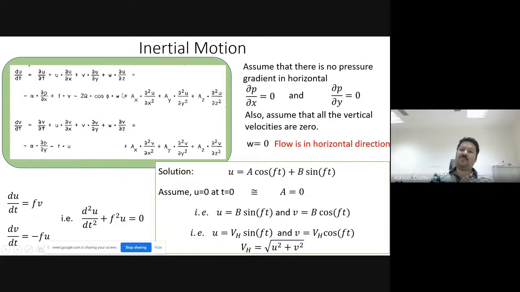But suppose there is an acceleration, and we assume all these other terms like friction are not there. We are talking about a frictionless motion now. Non-linear terms are usually weak in an open ocean, so we are not going to discuss that also. And we are assuming one more thing, that there is no pressure gradient in the horizontal. That means there is no change in the sea level.